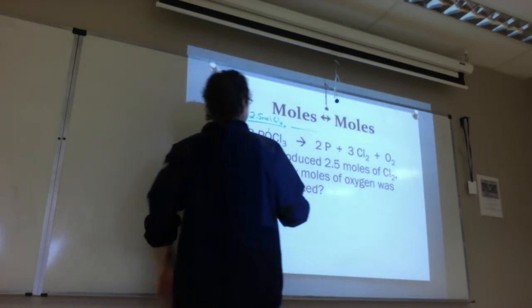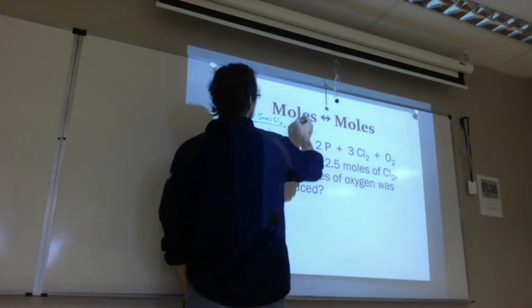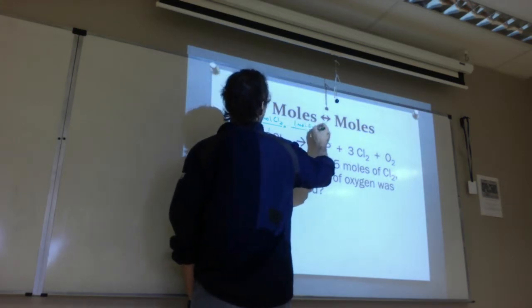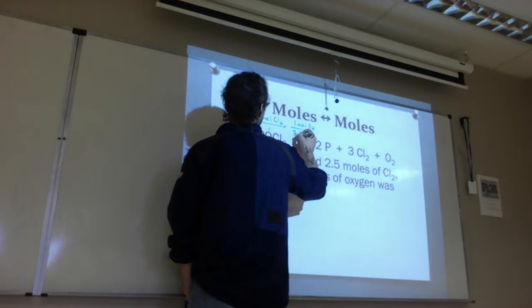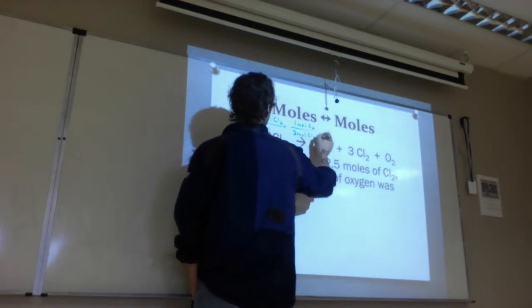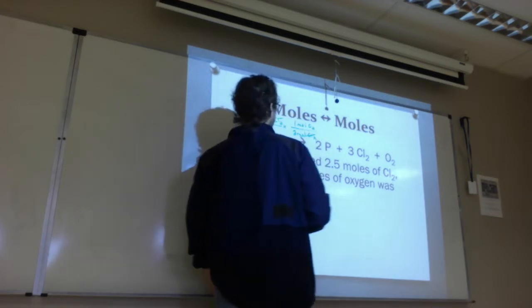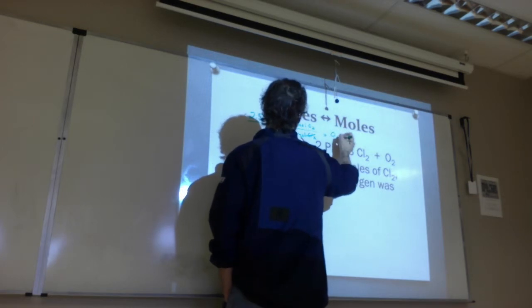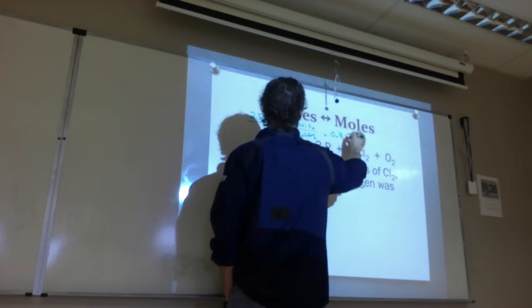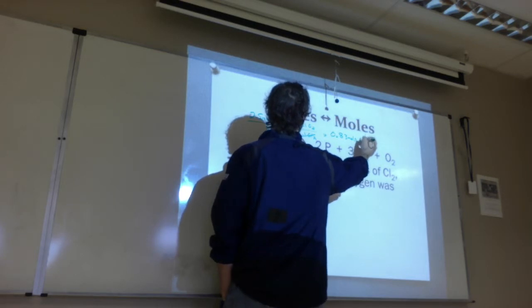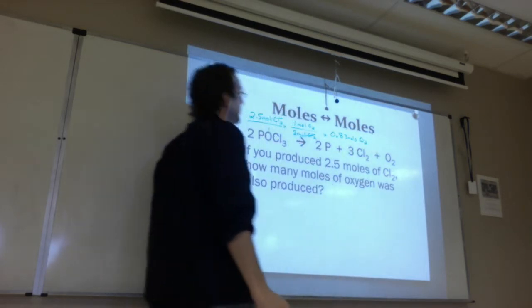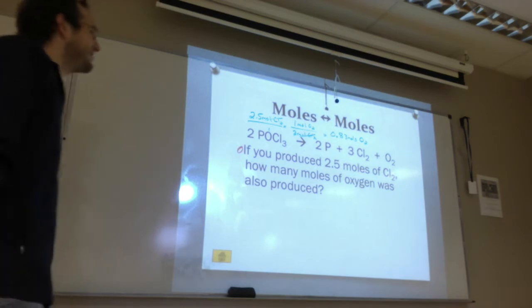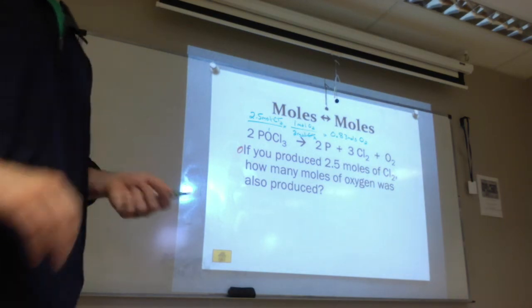Ratio is, for 1 mole of oxygen produced, we got 3 moles of chlorine. 2.5 divided by 3. 0.83 repeating. Looks like 2 sig figs. 0.83 moles O2. Nice.